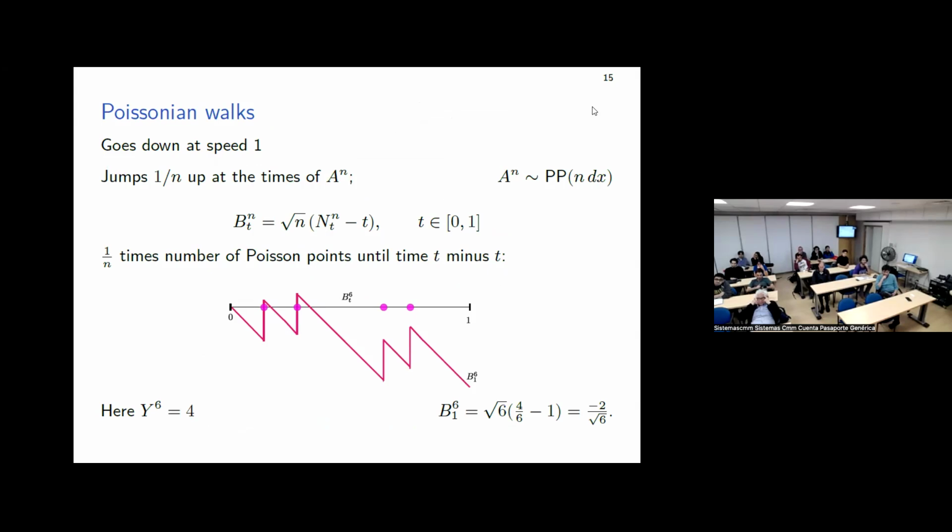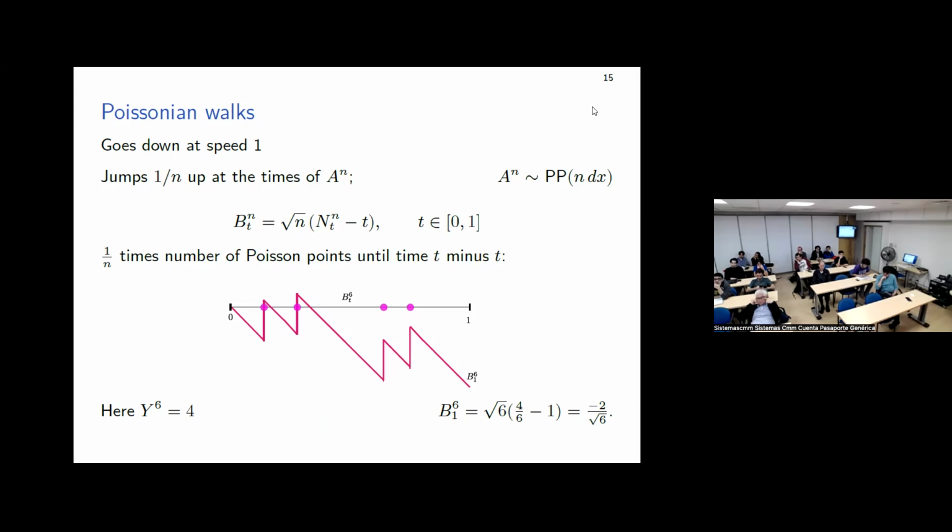Remember that the mean of this is exactly t because it is normalized by 1 over n, the mean of N(n). So when you multiply by square root of n, this should converge to a Gaussian random variable. This is what we are going to do.